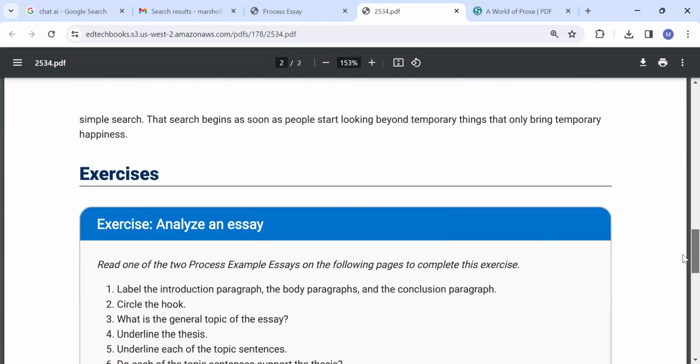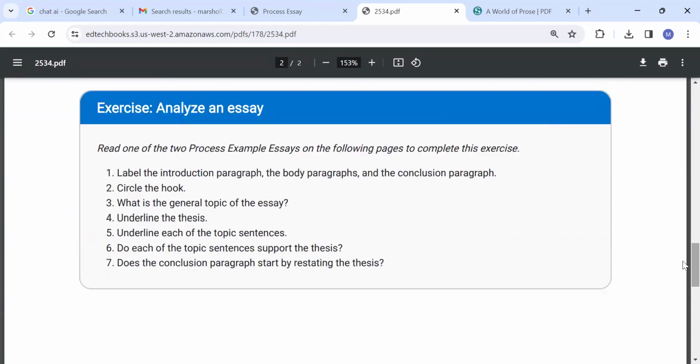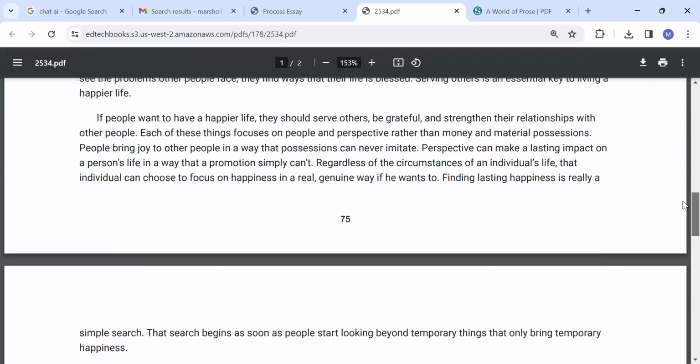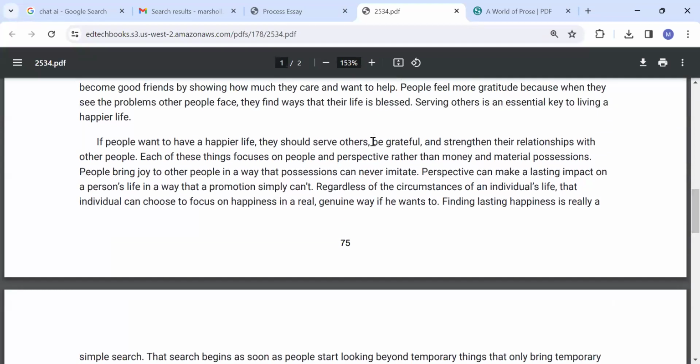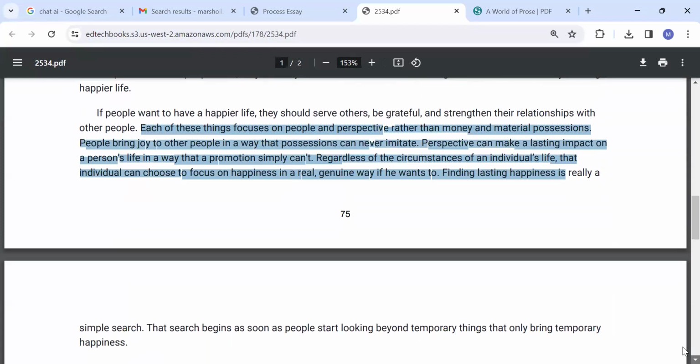So yes. And lastly, it says, does the conclusion paragraph start by restating the thesis? And it surely does, because we have be grateful, strengthen relationships, and serve others. So basically, they have presented the points in reverse, and then they have followed up with the reasons for doing so, as well as our contemplative close.